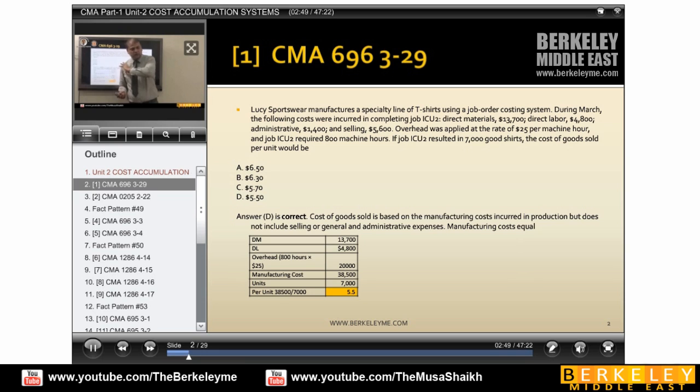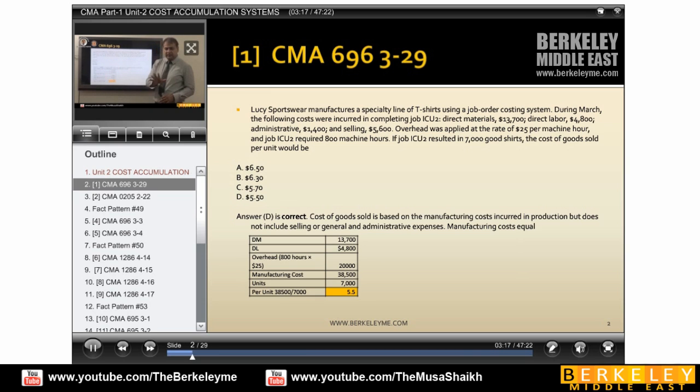Generally in all the books of cost accounting, you will never see this kind of term. Administrative expenses are always operating expenses. Suppose here it is written administrative, we are 200% sure that these are non-manufacturing administrative expenses. And selling is again not relevant, so I will not take it, because we need DM, DL and manufacturing overheads.